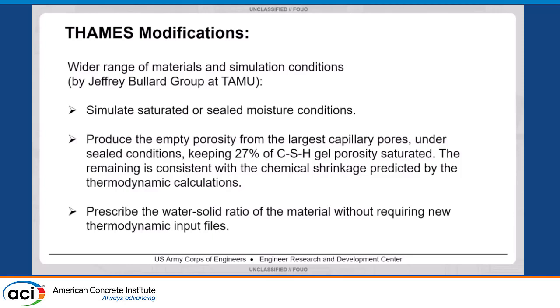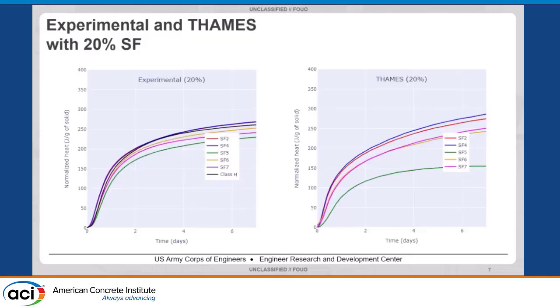They came up with the empty porosity from the largest capillary pores under sealed conditions, keeping 27% of the calcium silicate hydrate gel porosity saturated. The remainder was consistent with the chemical shrinkage predicted by the thermodynamic calculations. And with THAMES modifications, prescription of the water-solid ratio of the material is possible without requiring new thermodynamic input files. THAMES goes to a GEMS library and gets the thermodynamic data, and it also uses the microstructure that can be obtained from VCCTL.